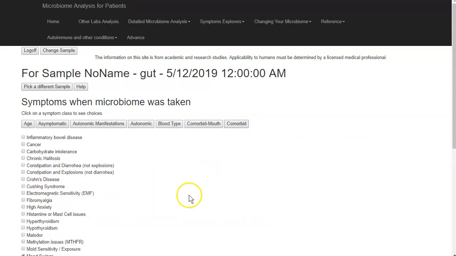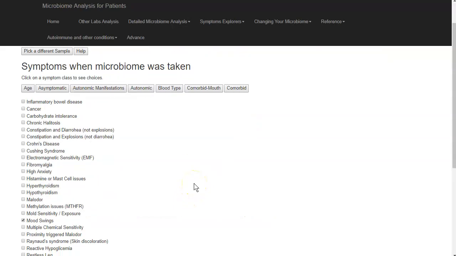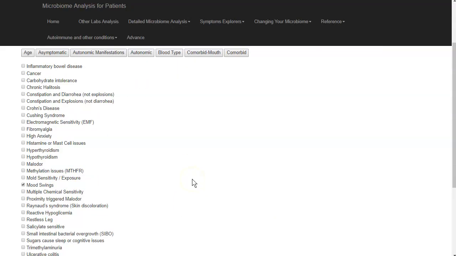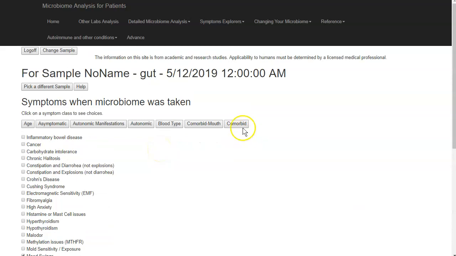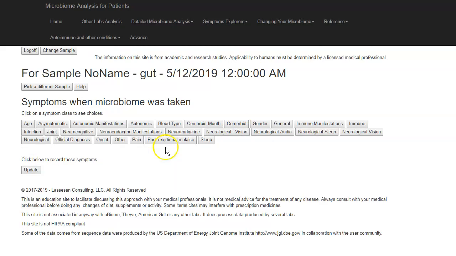Comorbid conditions, do have inflammatory bowel, EMF sensitivity, high anxiety, mood swings, yes, restless legs, yes, and we go on, and once we're finished, we simply click update. That's it. We have now entered our symptoms, and now we can start reaping the rewards.